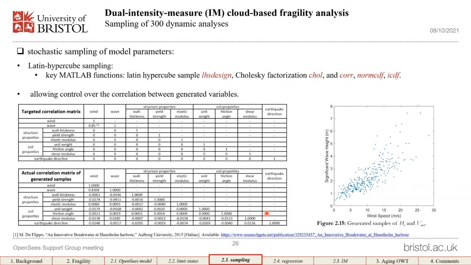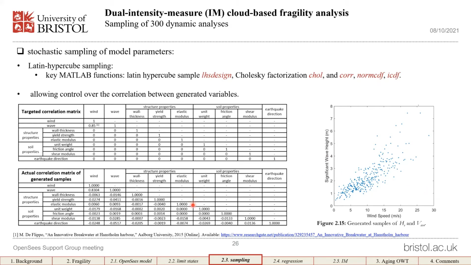The second purpose of Latin hypercube sampling was to have control over the correlation between generated variables. So the top table here shows the targeted correlation matrix of the 9 random variables. So basically, we expect no correlation whatsoever between all of these variables, except for the magnitudes of wind and waves, as shown in the right-hand side figure.